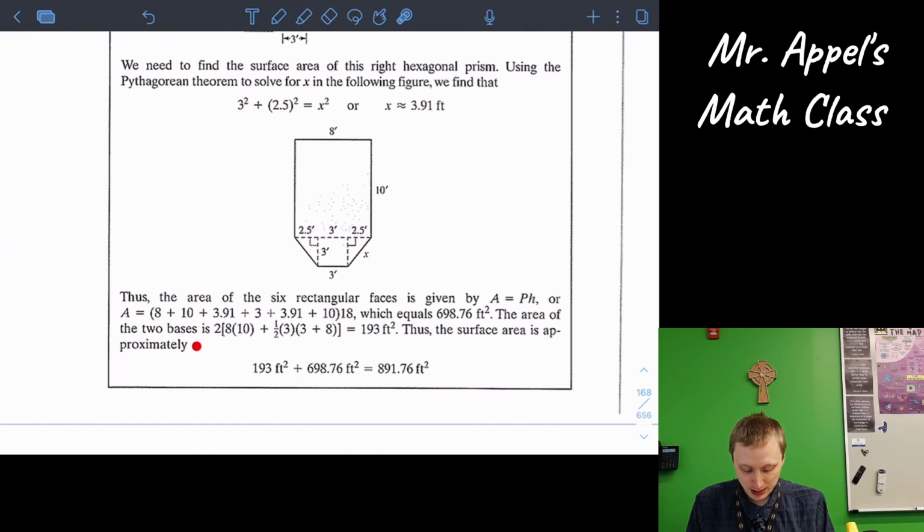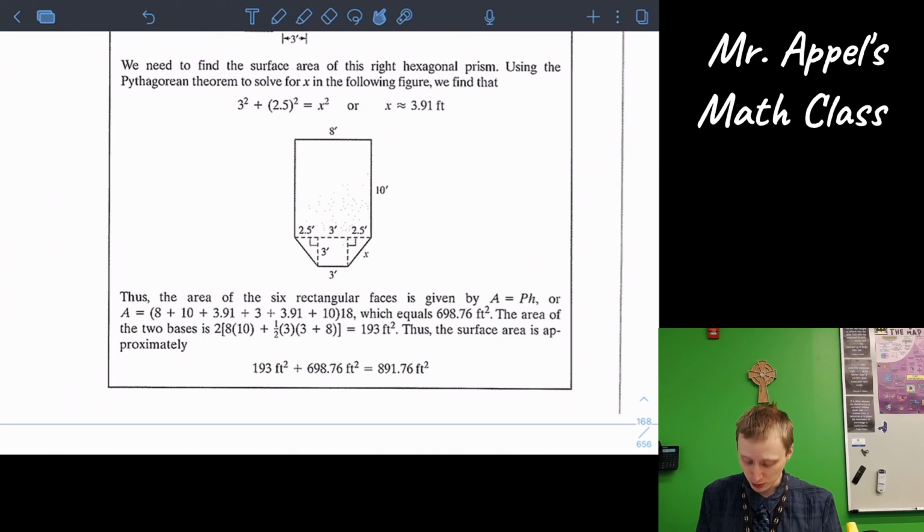The area of the 2 bases, then, is 2 bases, each of which has an 8 by 10 plus 1/2 times 3 times 3 plus 8, treating this whole lower section as one trapezoid, using the formula there, for a total of 193 square feet. Thus, the surface area is approximately 193 plus 698.76, 891.76 square feet.